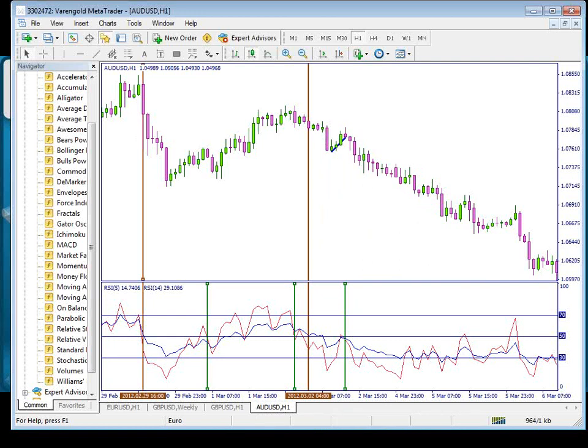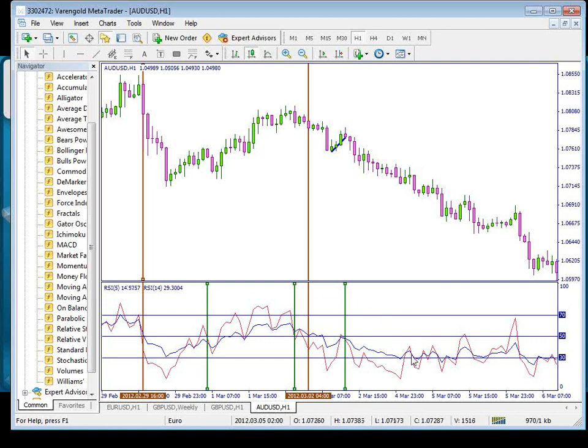If the RSI crosses downwards for a short signal, should this be above the 50 line? Julian, actually, if the cross is over the 50 level, in that area between 50 and 70, it is a strong signal.